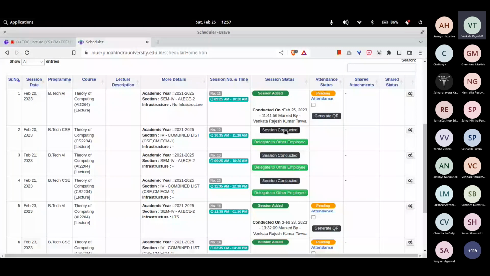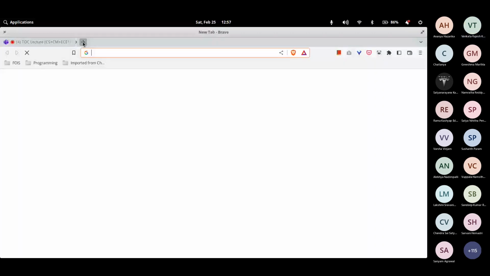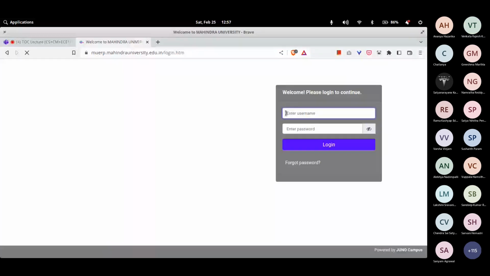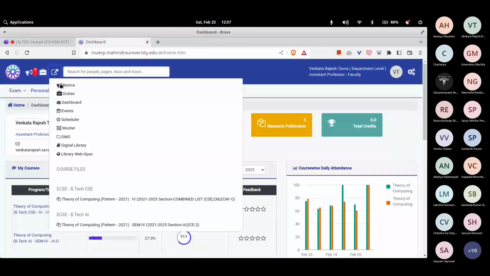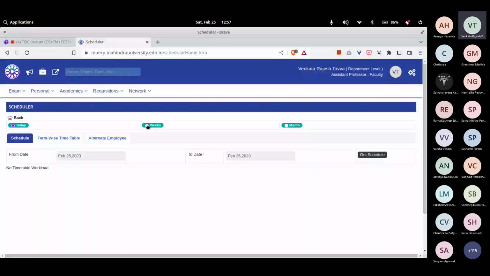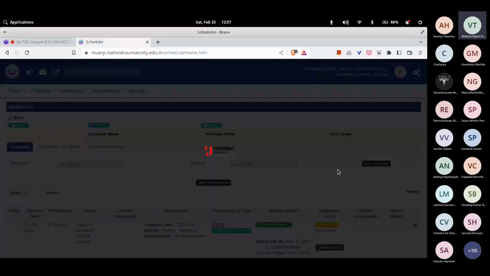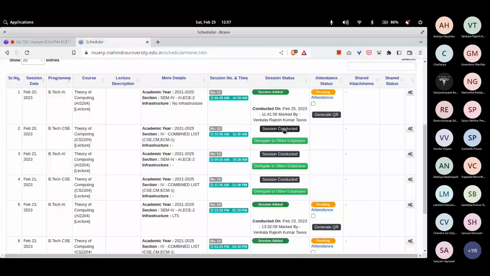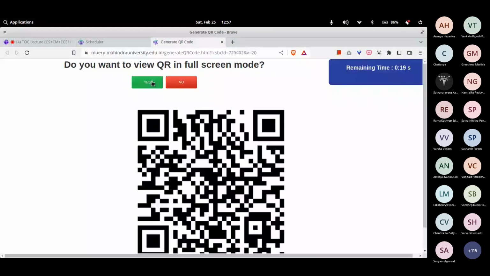I'll take attendance for one of the previous lectures which we missed. Okay, please scan.